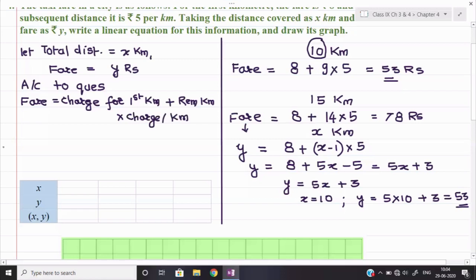Now if I put the values into this formula, fare I am taking as y, the charge for the first kilometer is 8. How many remaining kilometers are there? x minus 1.